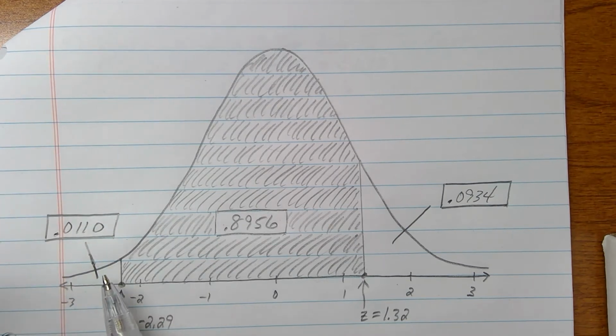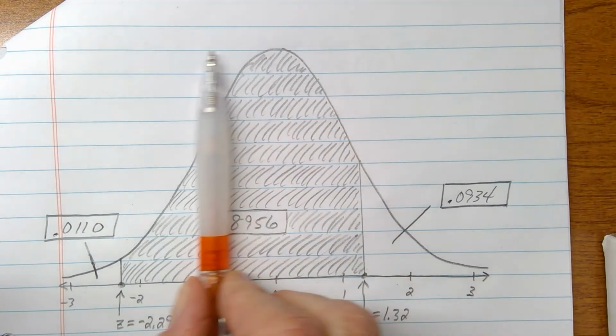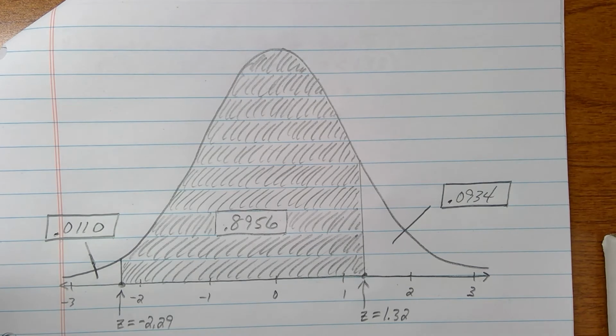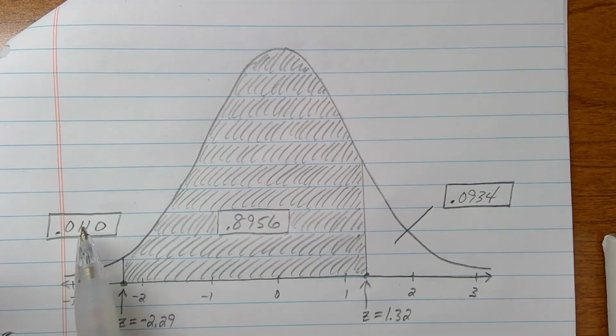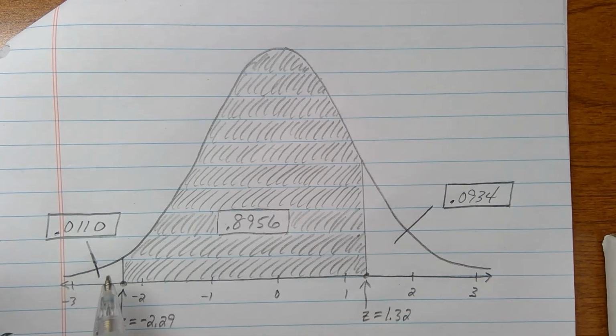Now, I don't really want to count these guys here in the white area, so I need to look up how many people live left of this number, and that's going to give me a number that's too big, and I'm going to subtract these people out. All right, let me go through it one more time. I'm going to look up this z number, and the table is going to tell me everybody to the left. All right, but I don't want these guys included, so I need to subtract them out. However many people are living right here, I need to subtract them from the total number.